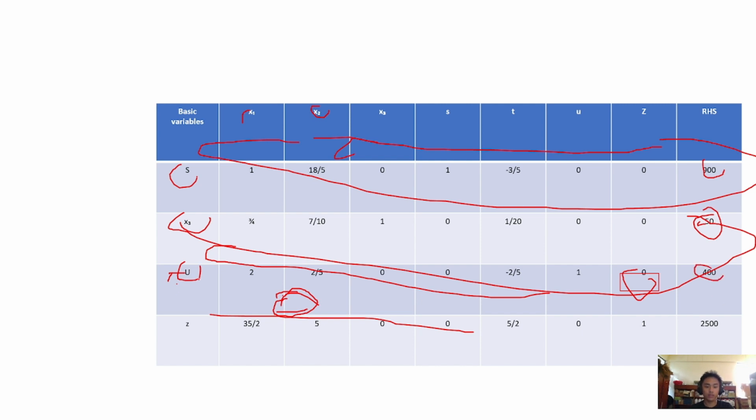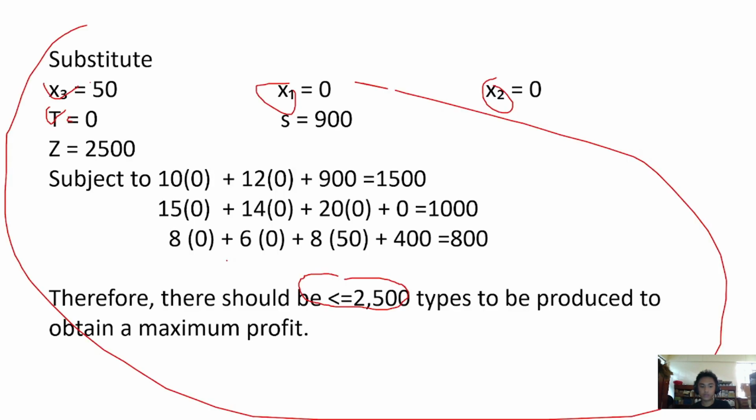Kasi ang value ng RHS na is 400. Tapos, yung Z natin is yun yung should be produced or para makuha natin ang maximum profit. Ito na po yun.